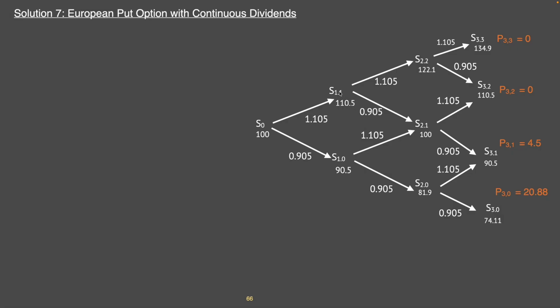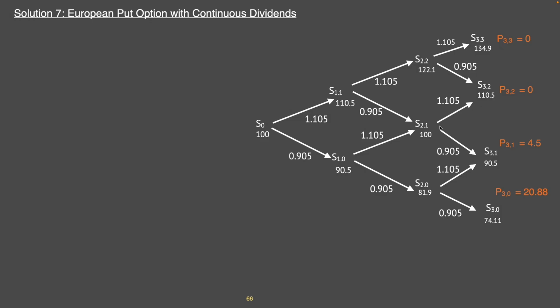This can move either up by 1.105 to get 122.1, or it can come down by 0.905 to get 100. So if you multiply 110.5 by 0.905, you will get the same value, 100. Here S22 we have calculated, it has gone up. If it goes up, you get 134.9, but if it goes down by 0.905, then you get the value of S32 as 110.5.